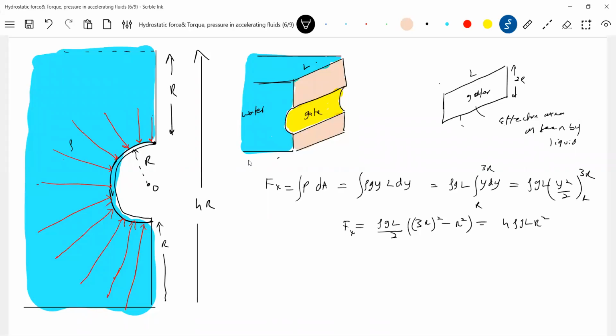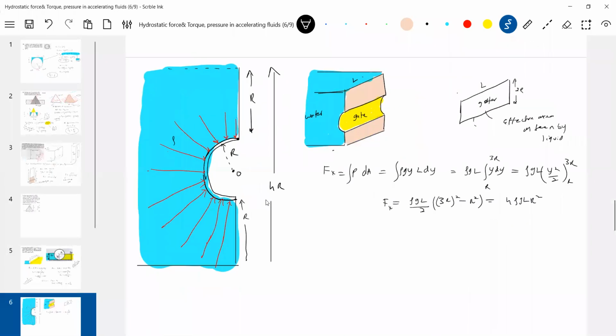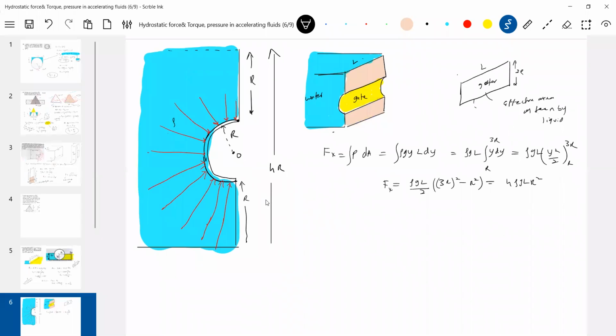What about the vertical force, the net force exerted by the liquid? This will be very interesting. How to calculate the net vertical force exerted by the liquid? Again, we'll get into the problem. I will go for the weight of the liquid.